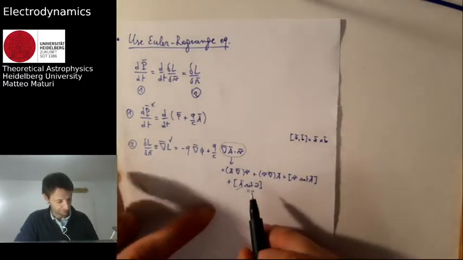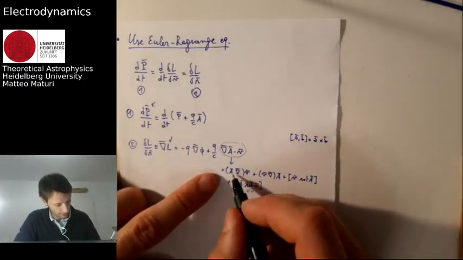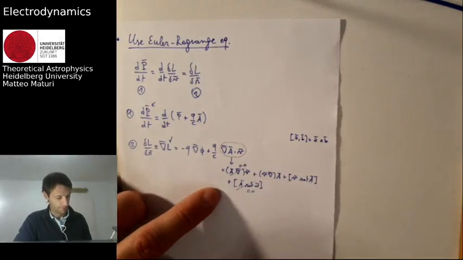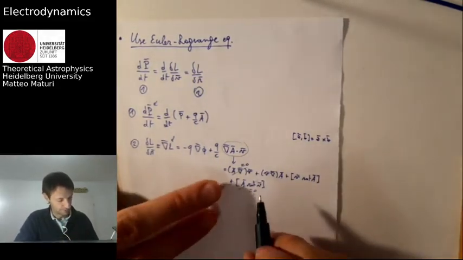Then, where is it? This term here is also equal to 0, again because v is a constant.